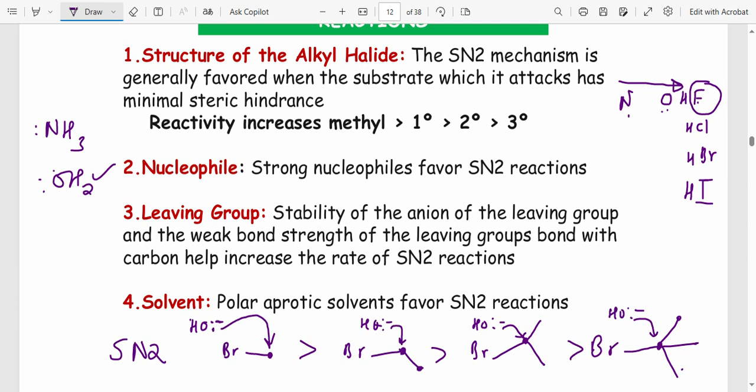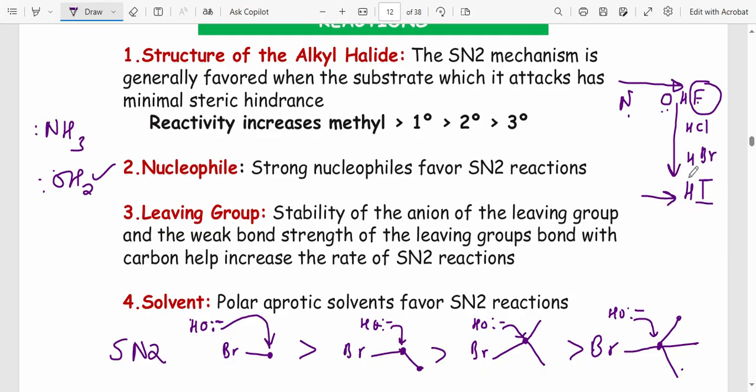The bigger you become, the easier it becomes to lose you, because you want to be independent, you want to do what you want. Atoms that can easily lose a hydrogen form stronger acids. So this one is the strongest acid in comparison to the others in group 7.